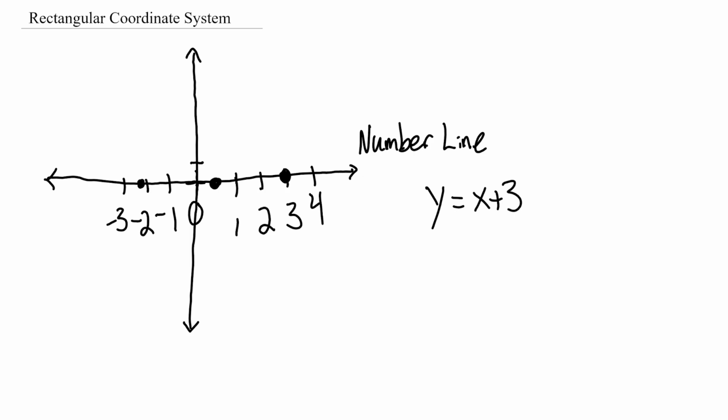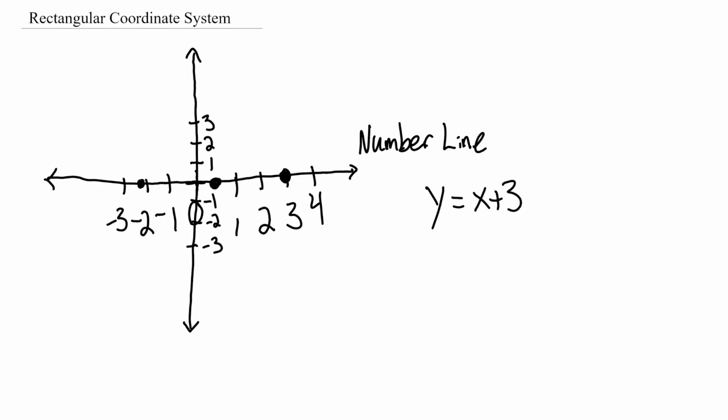So 0 is still in the middle for the vertical line as well. The positive whole numbers go above 0, and the negative ones go below. It tends to get a little crowded here. We don't have to write out every single tick mark value every single time. This is essentially the same thing. We're just putting the horizontal number line and a vertical number line on top of each other, and this will allow us to do much more.